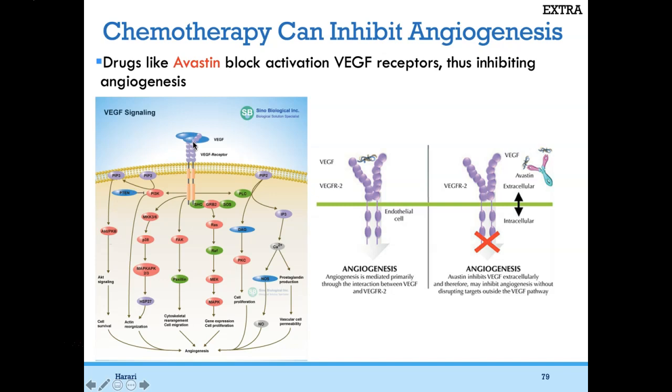But if the VEGF receptor is blocked, that means the signal from the cancer cell can never be transmitted into the blood vessel, right? So Avastin inhibits VEGF, so angiogenesis cannot occur. So Avastin is a very successful chemotherapy for certain tumors because it blocks angiogenesis, so the tumors can't build their own blood vessels.